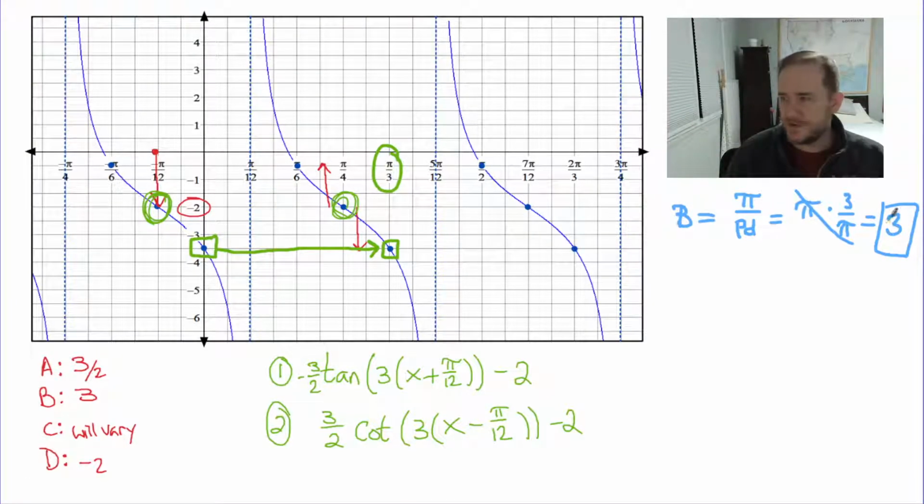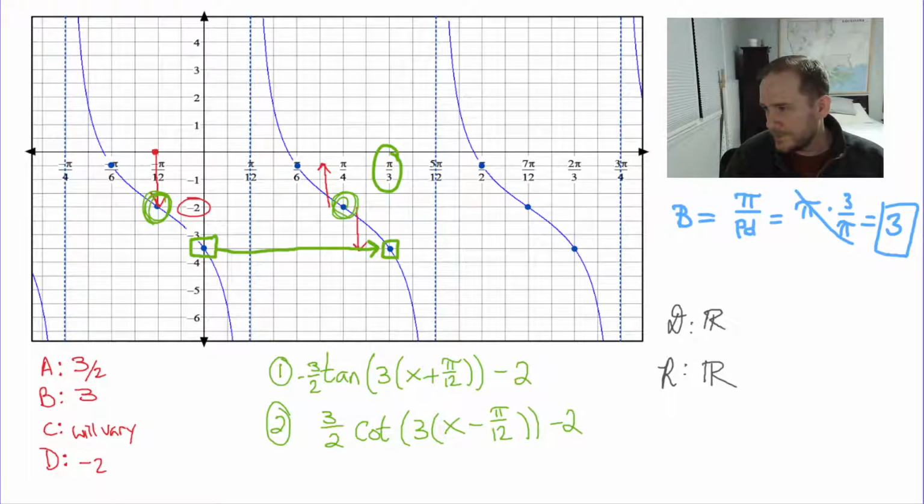So nothing left to do now but domain and range, and I hope that you get it by now. The range is all real numbers. Literally the easiest question I could ever ask. Now the domain is literally all real numbers, except, pick an asymptote, pi over 12 standing out.